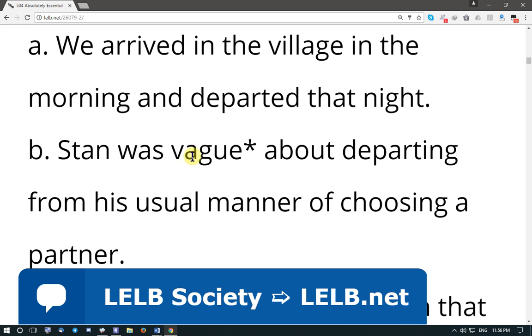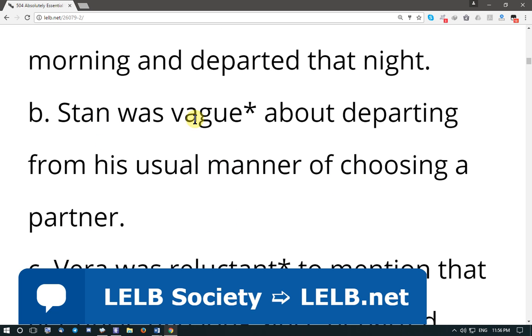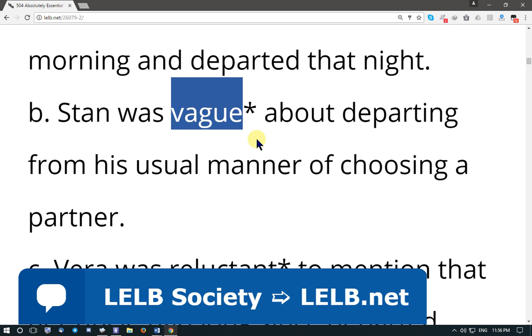Stan was vague about departing from his usual manner of choosing a partner. Stan was vague, it means unclear, ambiguous. Okay, he was not clear about his departing from his usual manner, about the possibility of breaking those habits, the prospect of breaking those habits.